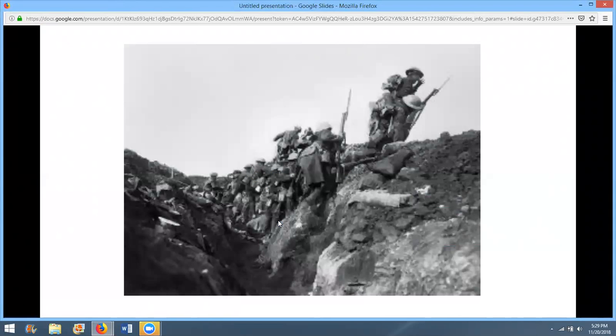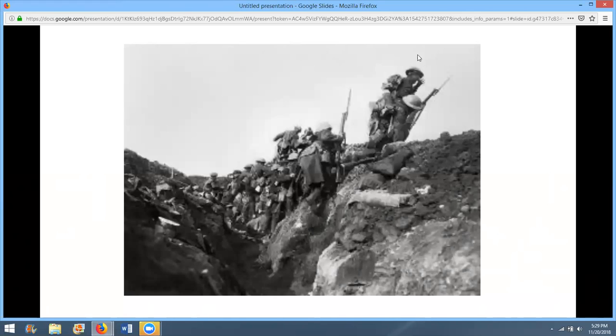Here's a picture of what life was like in the trenches. Crowded, muddy, cold, damp. And you never knew when the next attack was coming.